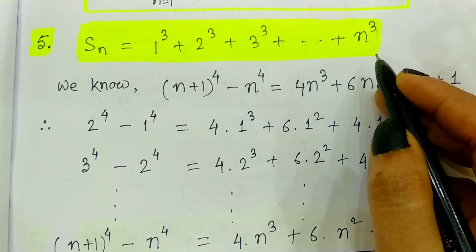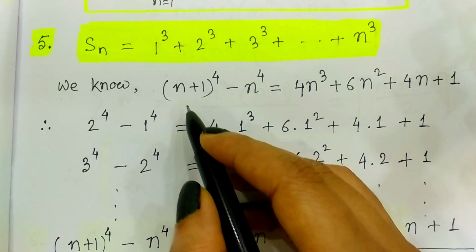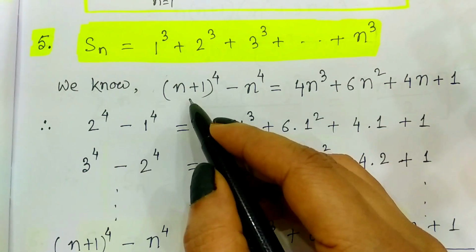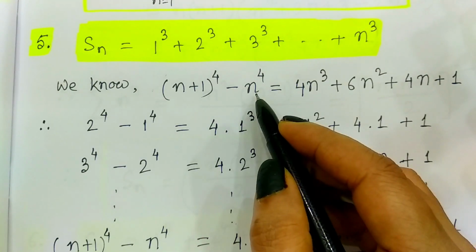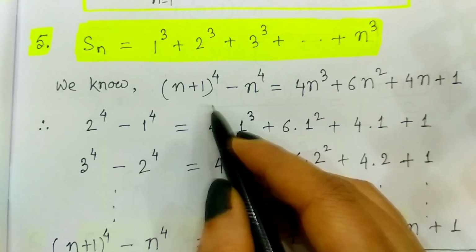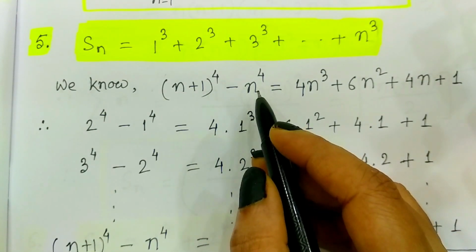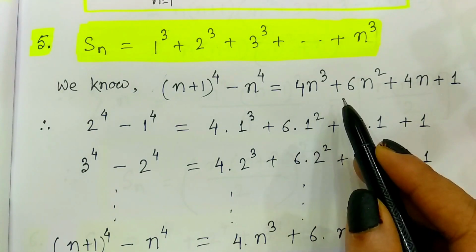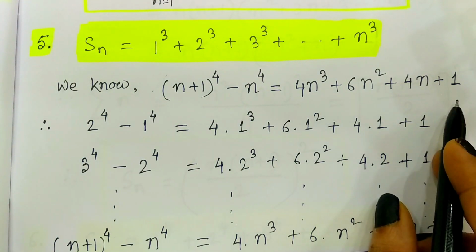Then, similarly, likewise, that time we took (n plus 1) whole cube minus n cube; here we will take (n plus 1) to the power 4 minus n to the power 4. Now if we simplify this part, we find that n to the power 4 cancels out and the remaining portion is 4n cube plus 6n square plus 4n plus 1.